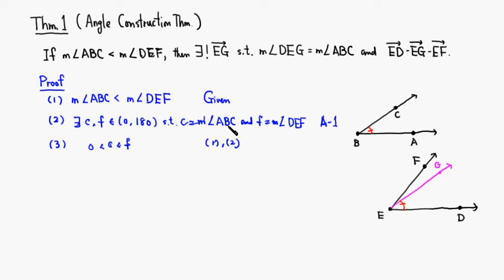Alright, then what we want to do is set up coordinates on the F side of line ED, or maybe I'll say just ray ED, that doesn't matter, it's the same thing, such that ED is going to have the coordinate 0.